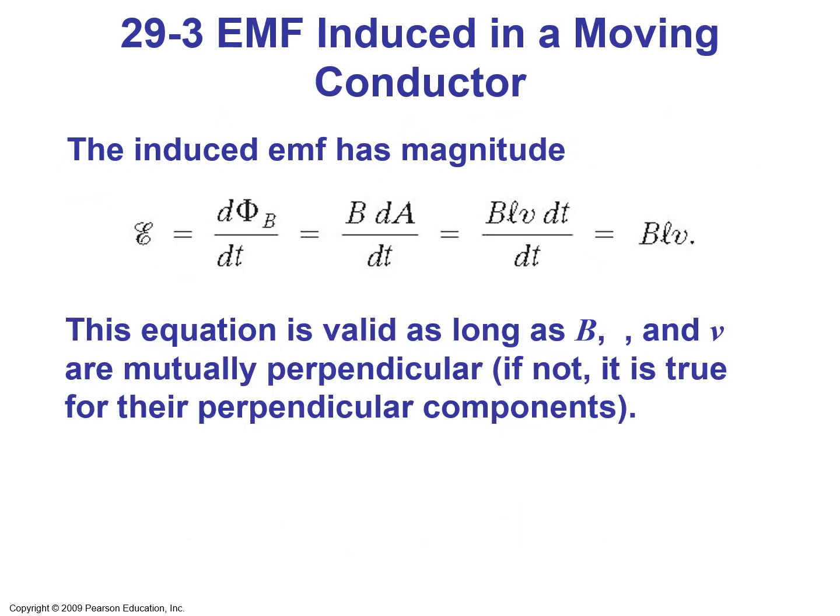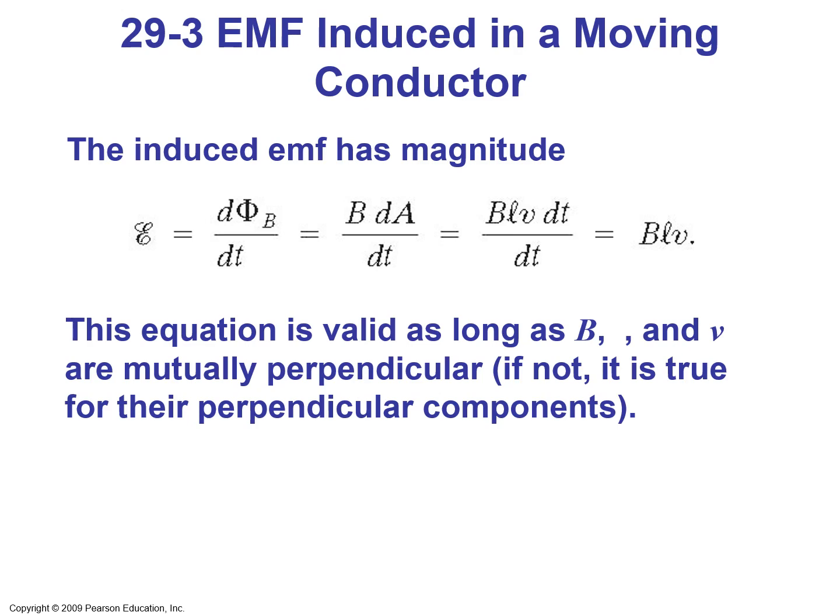So we can calculate this induced EMF with the magnitude as shown here, the same equation for the Lenz's law, and it's given by EMF equals the derivative of magnetic flux over time, and it's equal to magnetic field B times dA over dt.